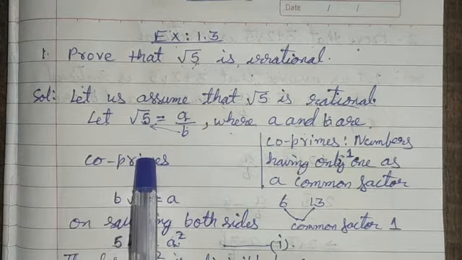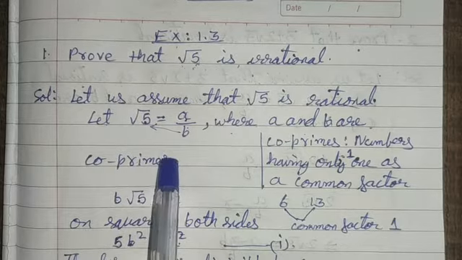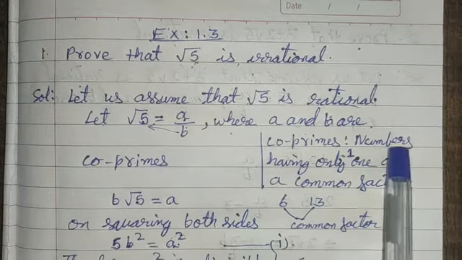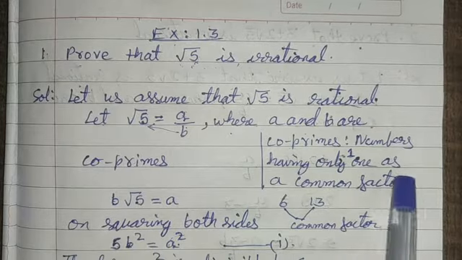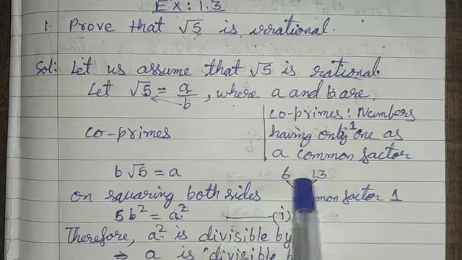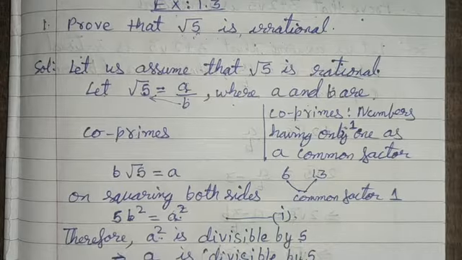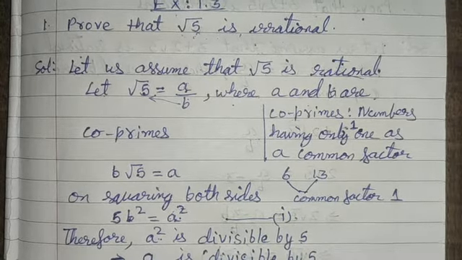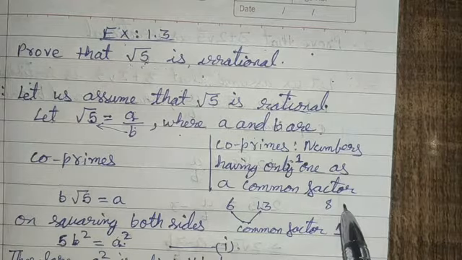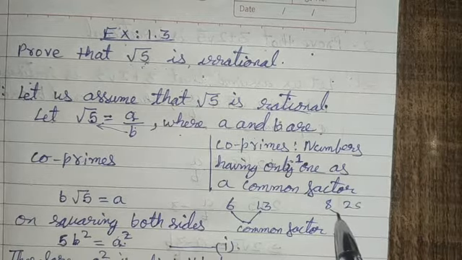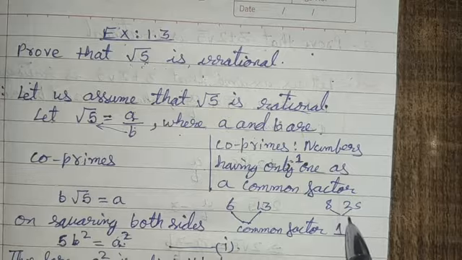Now what are co-primes? Co-primes are the numbers which have only 1 as a common factor. Suppose we take 6 and 13; the common factor of 6 and 13 is 1. Similarly, 8 and 25 have only one common factor, that is 1 again.